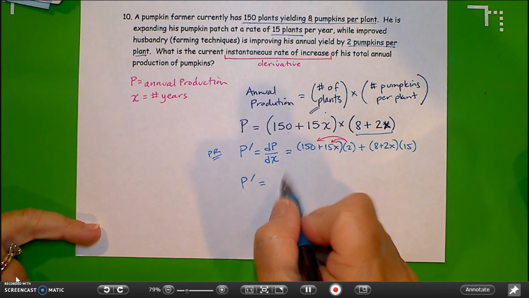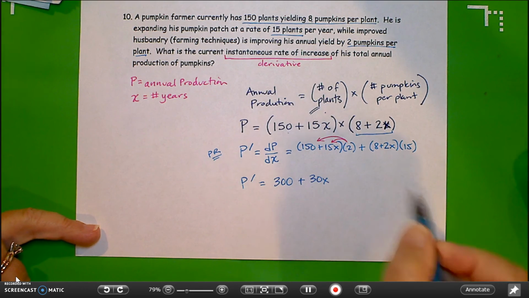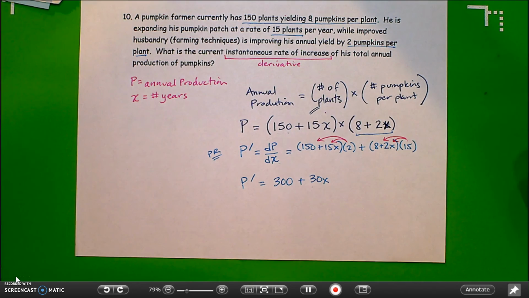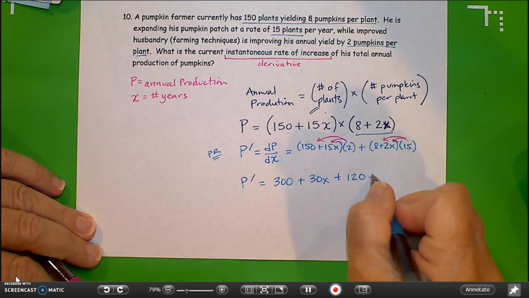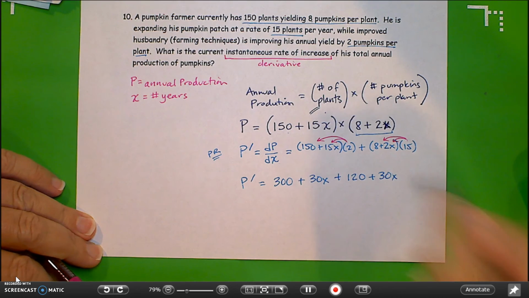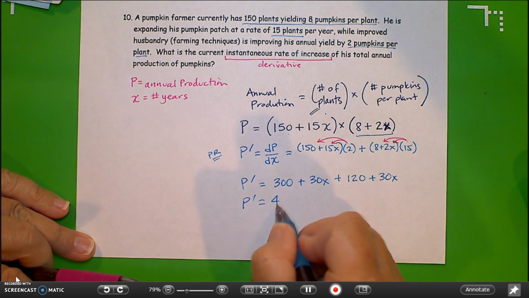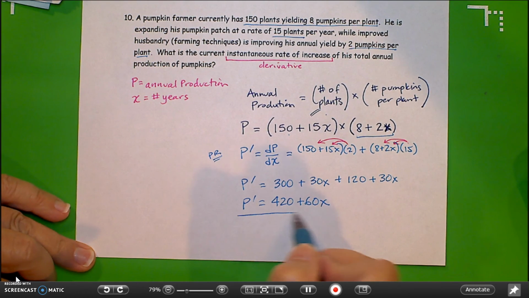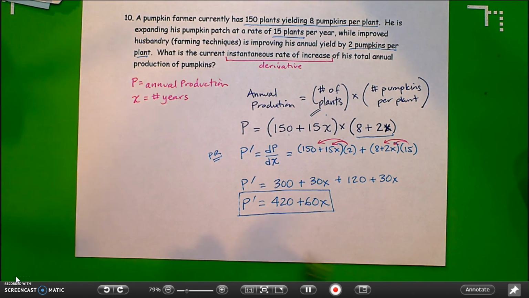That gives me 2 times 150 is 300, plus 2 times 15x is 30x. I'm going to distribute my 15 next to these two pieces. 15 times 8 is 120, plus 15 times 2x is 30x. And now just combine like terms. 420 plus 60x. That is the equation for the instantaneous rate of change, or the slope of the tangent line of P, for any value x that I choose.